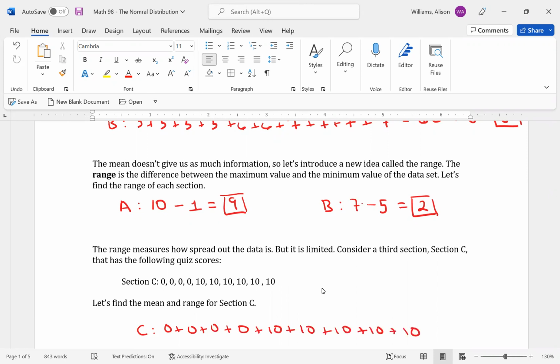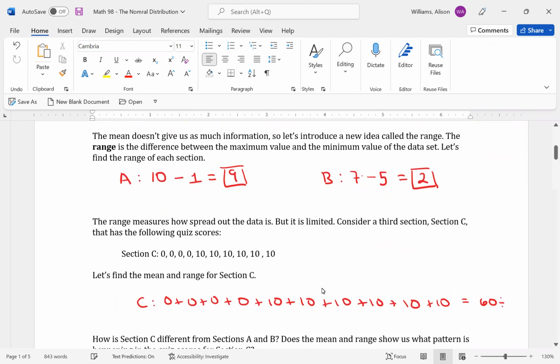Let's see, 1, 2, 3, 4, 5, 6. Okay, so it's going to come out to 60 again. Shocker. So divided by 10, sorry, there's 10 of them. That gives me 6. Okay, but this one has a range of 10, right? 10 minus 0. So same mean, and its range is really close to A, but it's behaving very differently from A.